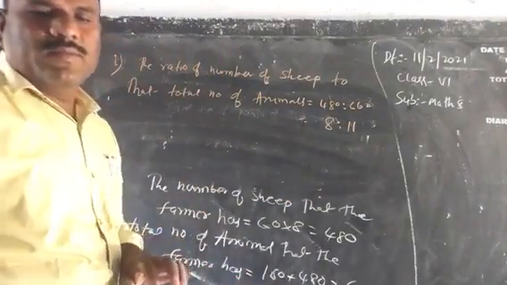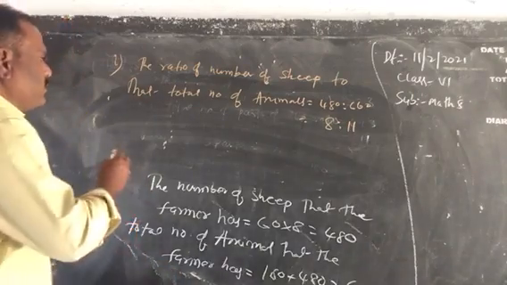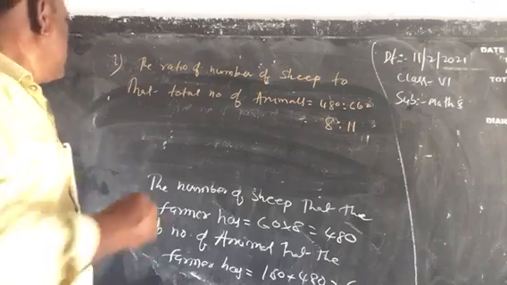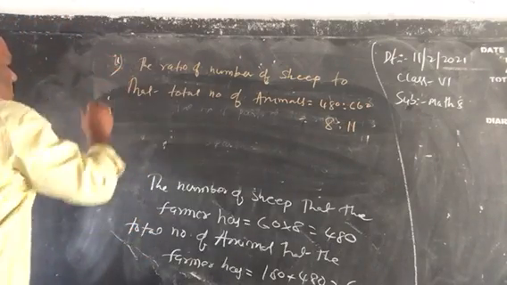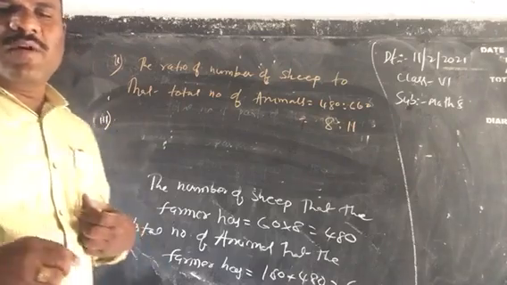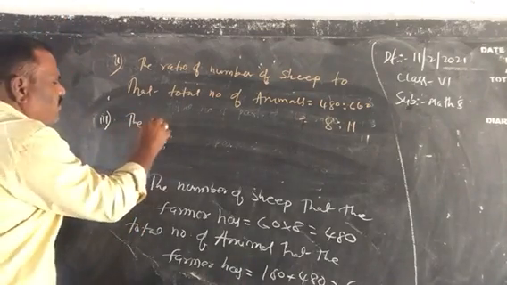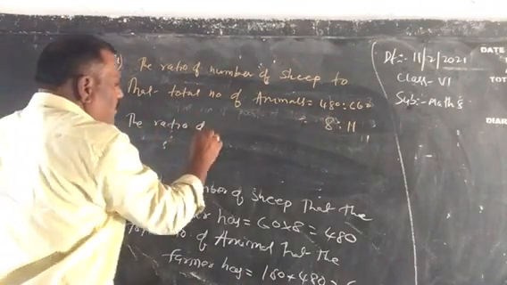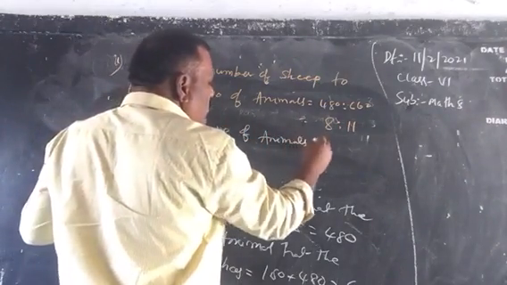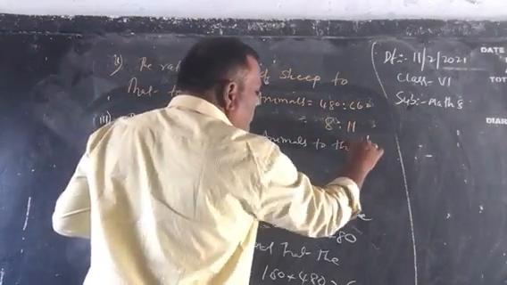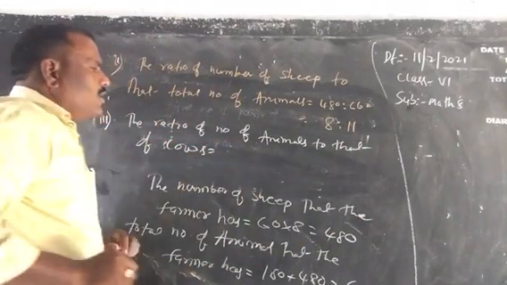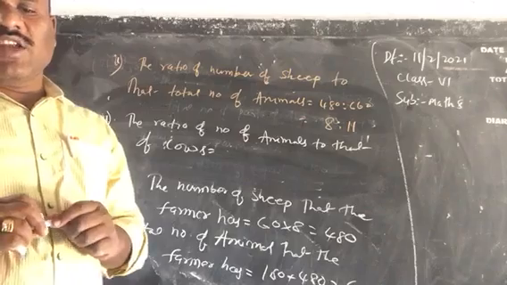Now the first one is over, and this is the second one, children. Now the third one: the ratio of the number of animals to that of cows. The number of animals is 660.